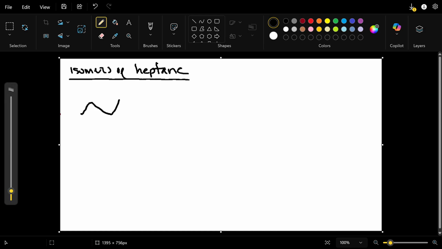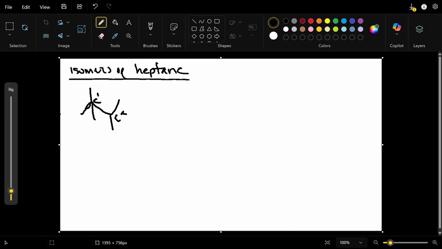So let me draw that out. 1, 2, 3, 4. And so this is carbon 1, carbon 2. So a lot of times I try to fully draw it out, like what the actual molecule looks like.